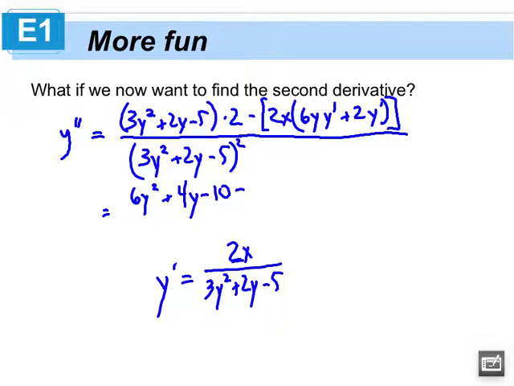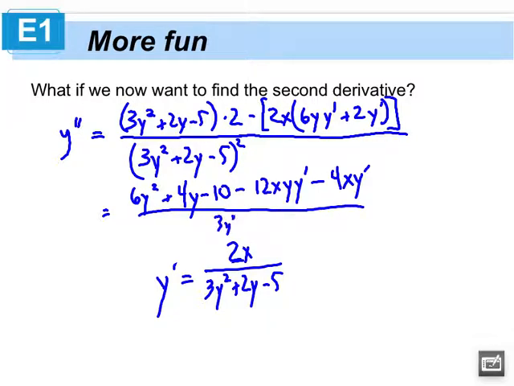All right, I can do this. 12xy y prime minus 4xy prime. Whoa, whoa, whoa. Easy there, mad dog. Y prime over 3y squared plus 2y minus 5 quantity squared.